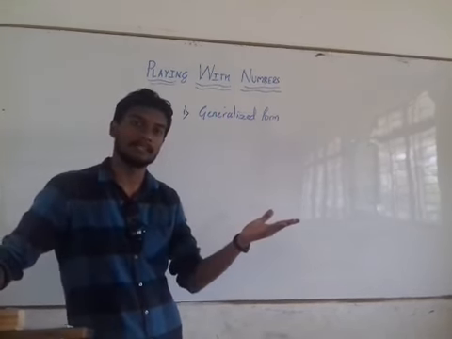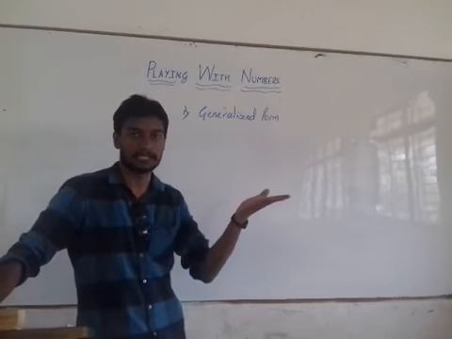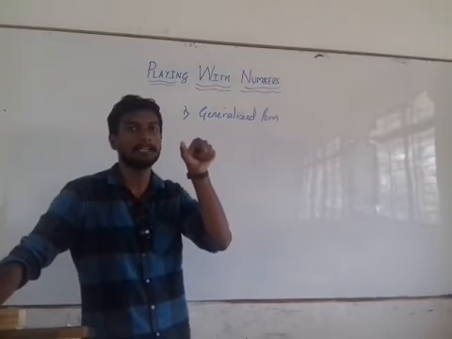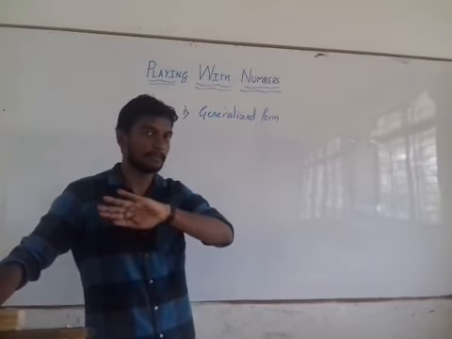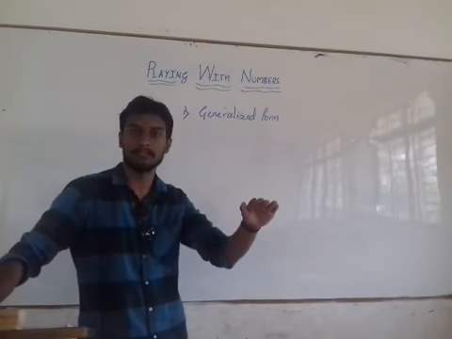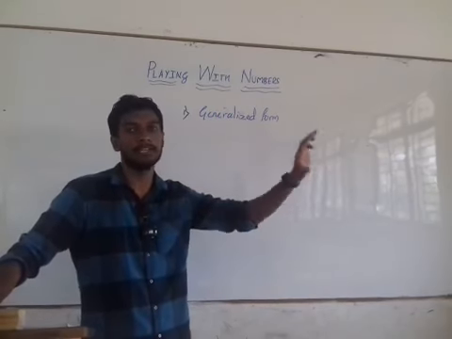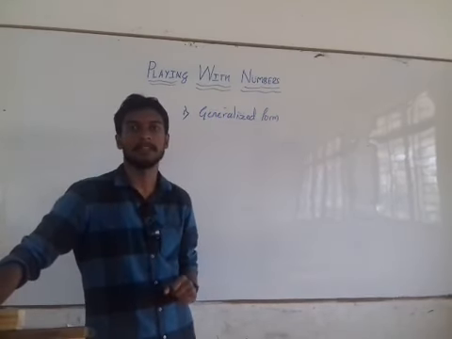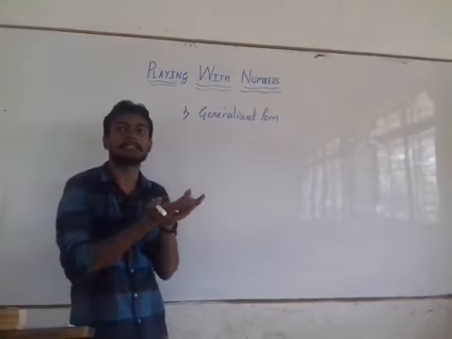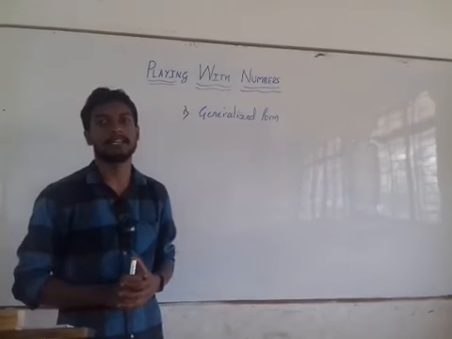In the 6th and 7th standard you studied the place value chart: unit place, tens place, hundred place, thousand place. Using those place values you write a number in generalized form, that is, in expanded form.